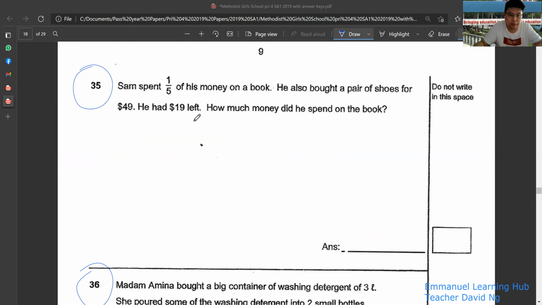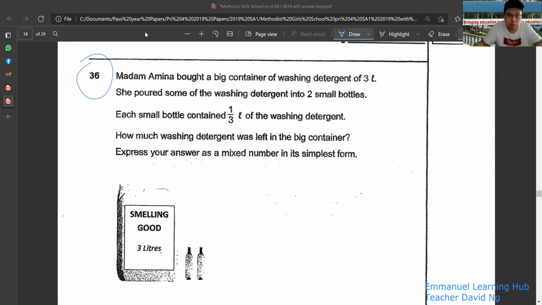Okay, next question. Madam Amina bought a big container of washing detergent of 3 liters. She poured some of the washing detergent into 2 small bottles. Each small bottle contained 1/3 liter of the washing detergent. How much washing detergent was left in the big container?